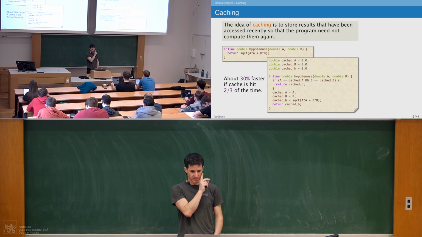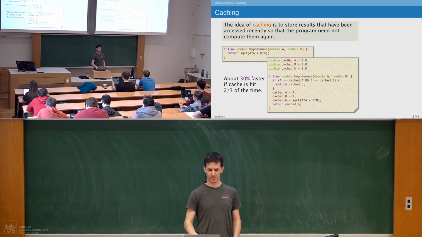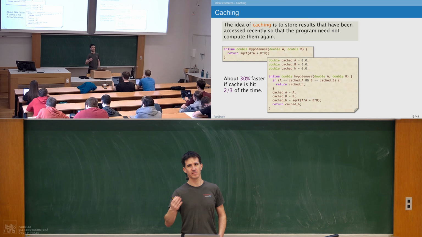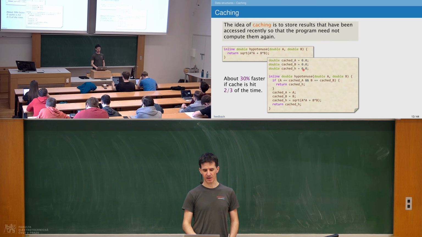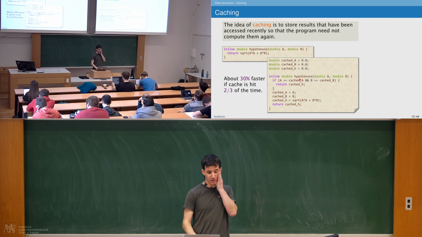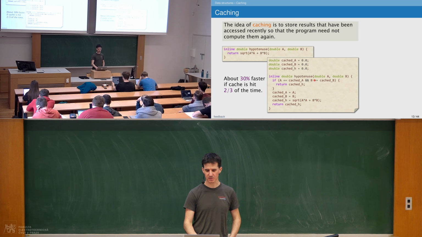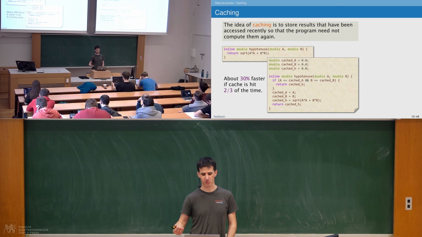So here what we can do, the simplest cache is just that we will remember a single value. We will have global variables like a, b, and the result. And then if the function is called, we first check whether the arguments to the function are the same as the last used values. If yes, then we just return the previously stored result.